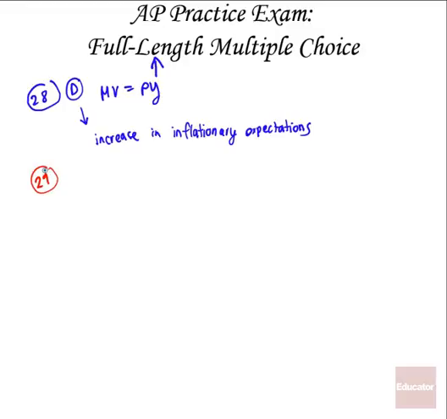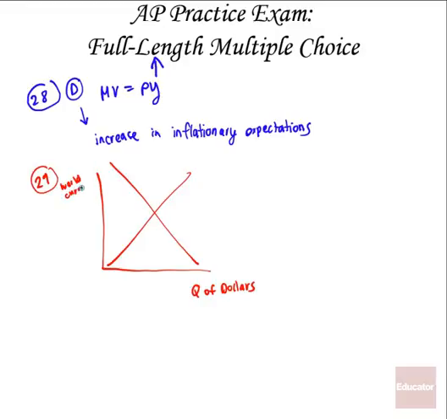So the reason why is what's going to happen is that the market is going to be quantity of dollars here. So let's say world currency to dollar. And you have the exchange rate here. Here's E1 here. And let's call this M1 here.